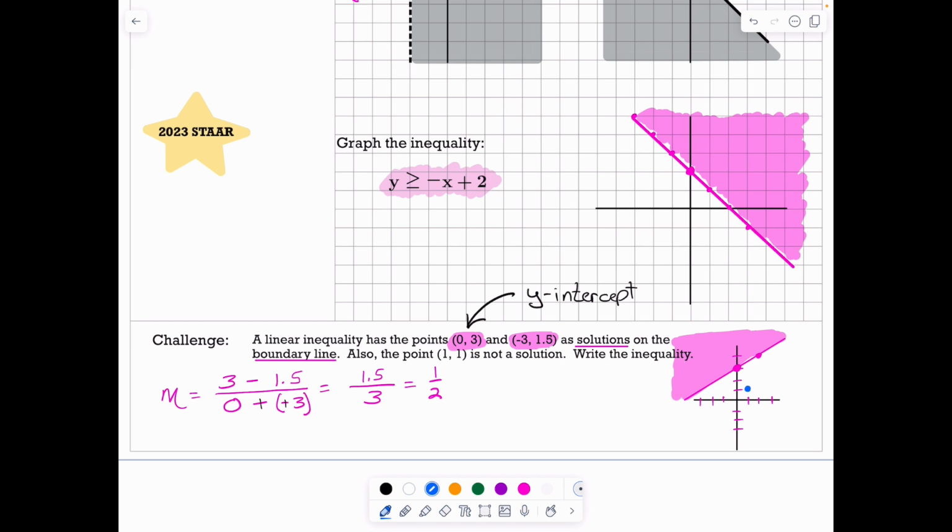Now I have enough information to put my linear inequality together. So y is going to be greater than or equal to the slope plus the y-intercept. Okay.